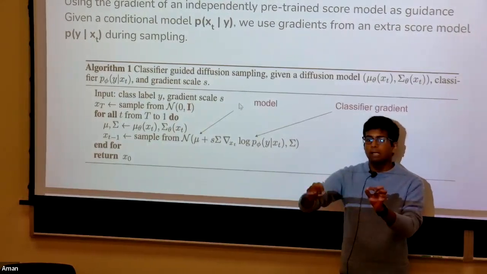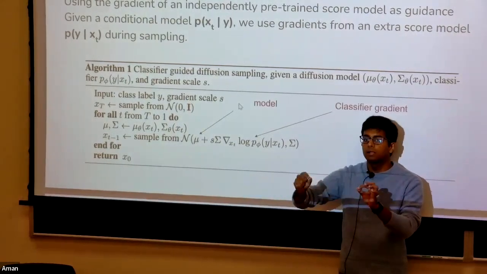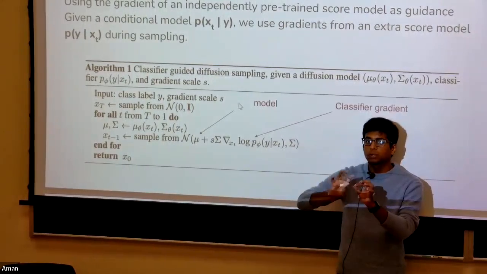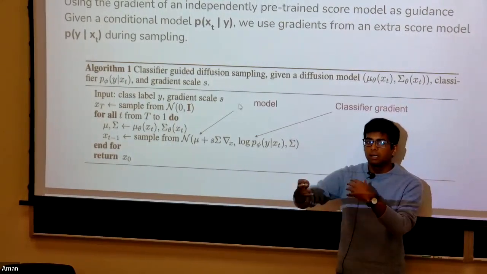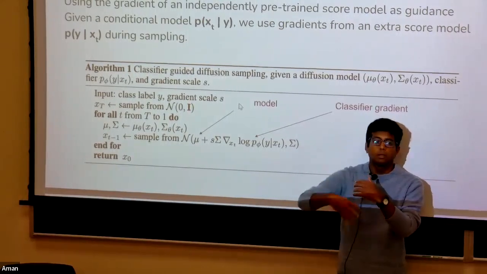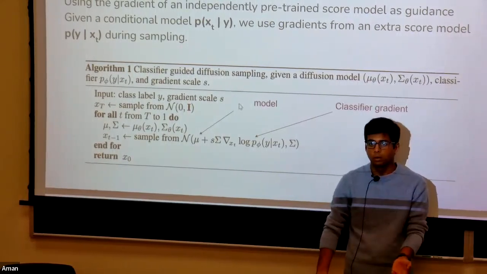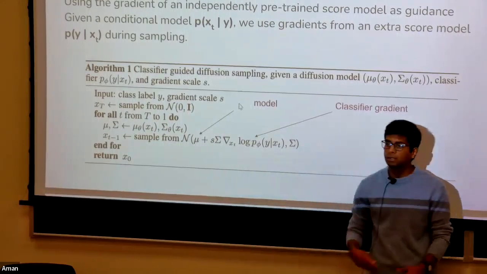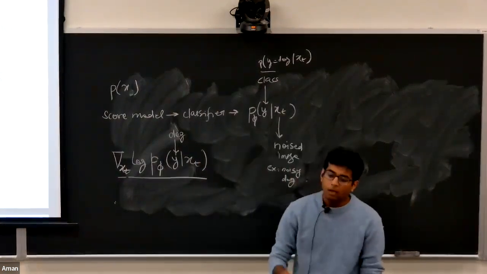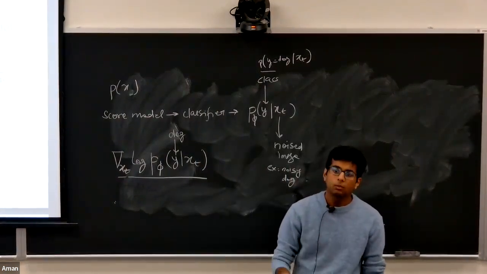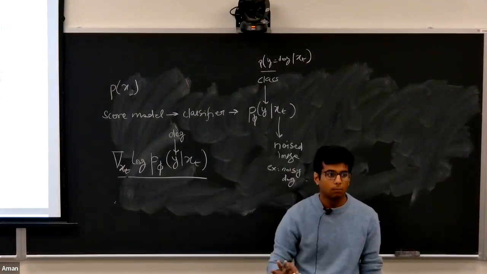So if you keep doing that at each iteration, the model will start generating an image which resembles that class. And the more it adds the features that make it resemble the class, the more the diffusion model will try to make it look like a dog. Right? So eventually, after 1,000 time steps of this type of sampling, you would get a conditional image without having trained a conditional model.